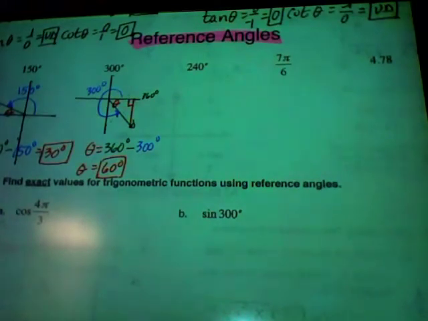Draw your coordinate grid, and only go to the x-axis, never the y. This one's a little different though, isn't it? Be smart.